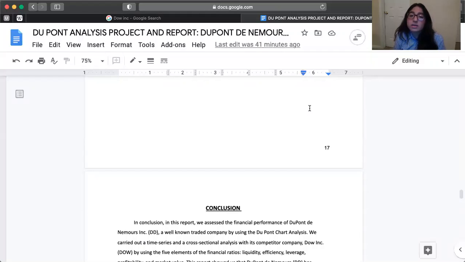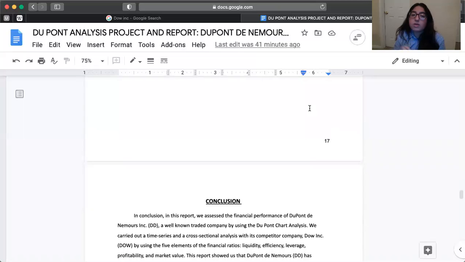We carried out a time series and cross-sectional analysis with its competitor company Dow Incorporated by using the 5 elements of the financial ratios: liquidity, efficiency, leverage, profitability, and market value. The report shows us that DuPont de Nemours has been doing fairly better than Dow Incorporated in many of these ratios.